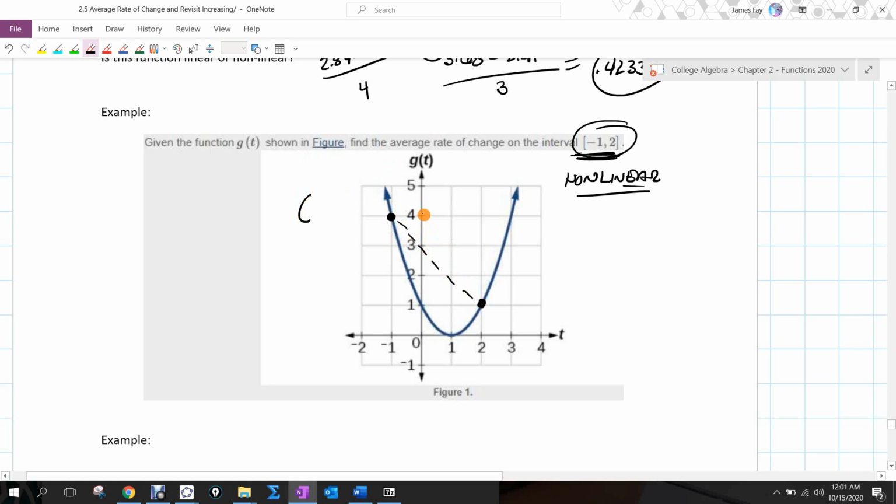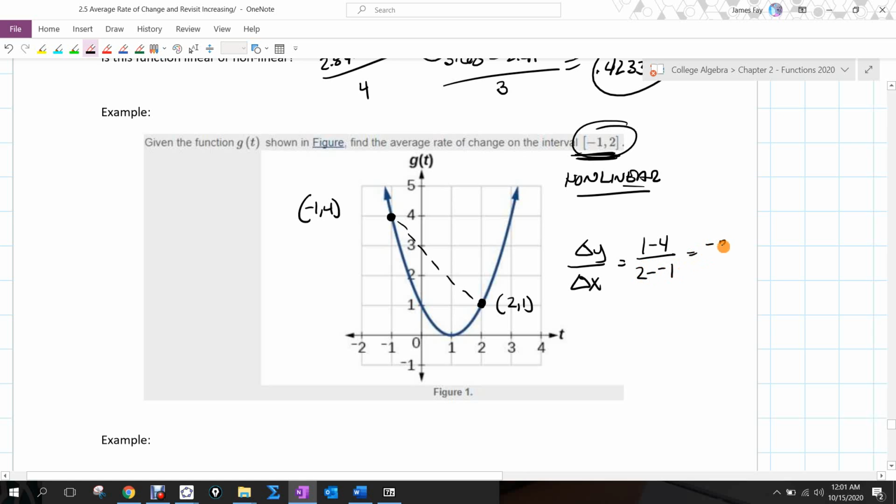And what it means then is, so this point here is -1,4. This point here is 2,1. If I do change in y over change in x, okay, so now I want to make sure that I understand that I'm going left to right here, so my slope is going to be decreasing, okay, so I'm going to go 1 minus 4 over 2 minus -1.